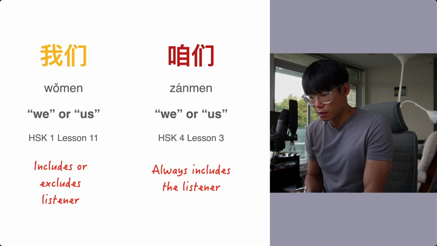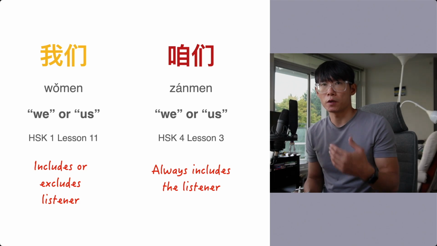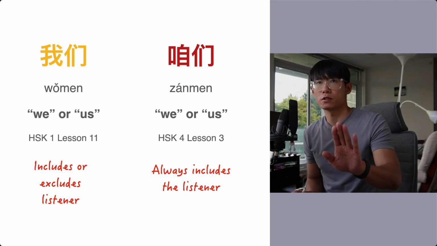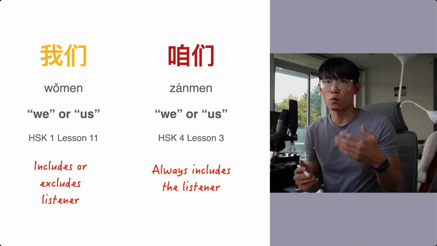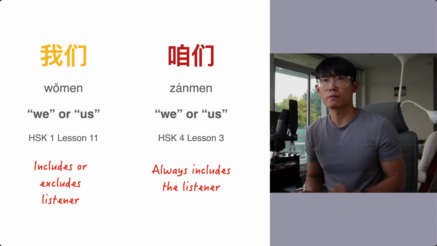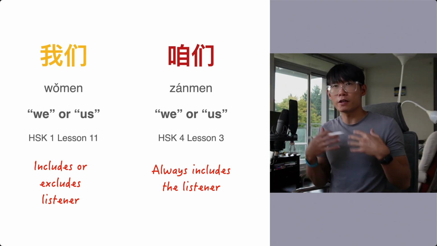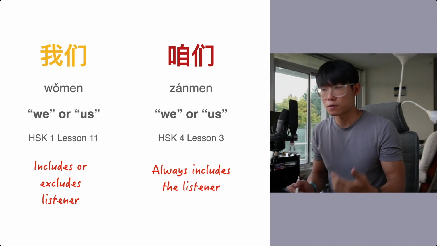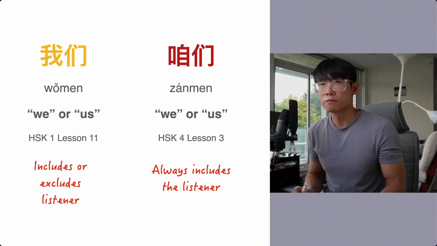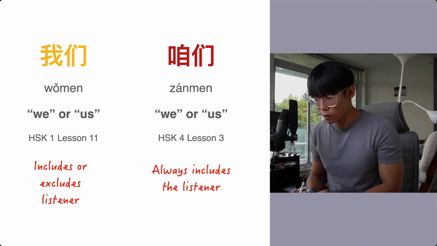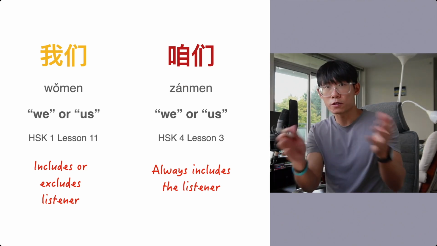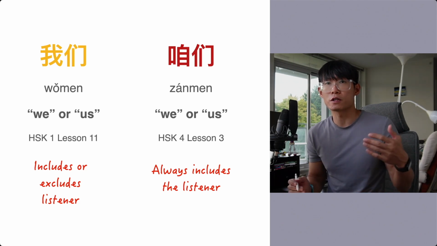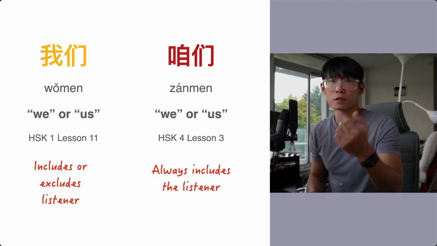我们 can include the listener or exclude the listener, right? So when I say 我们, it can be you and I, or it can be just me and my friends and not you. So 我们 can be in both these senses, whereas 咱们 can only be inclusive. 咱们 is always including the listener.